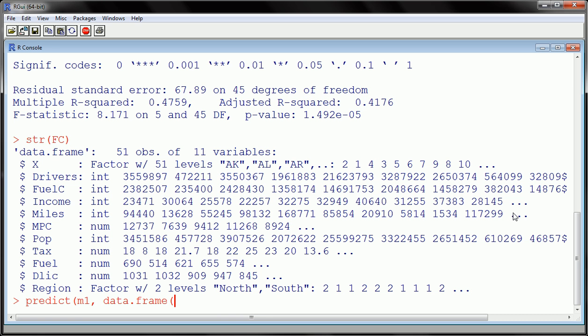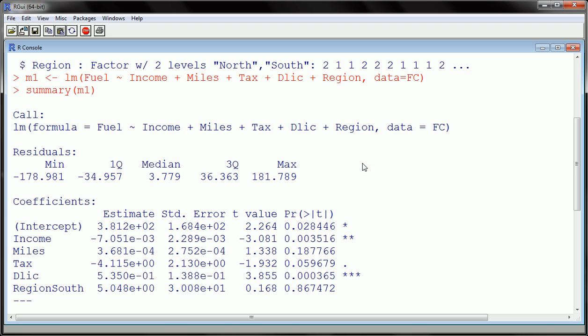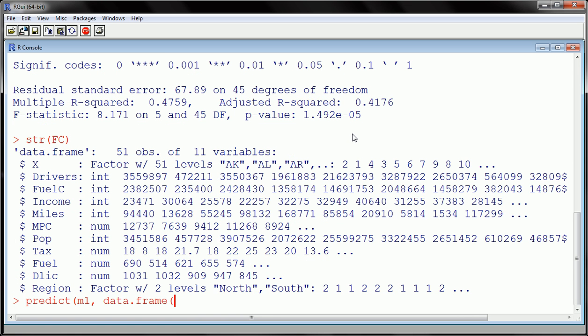Our first independent feature, if we scroll up, was income. We have to define an actual number for each of these 5. We have to type it exactly how it's written there. Income equals, let's say, this is the average income of a state, 35,000.